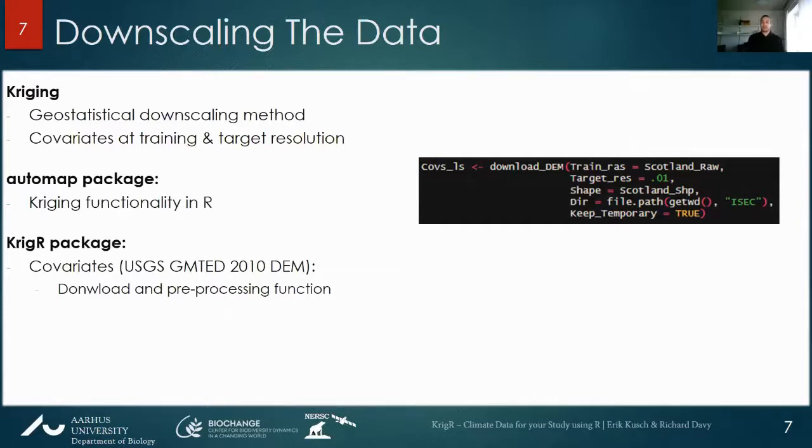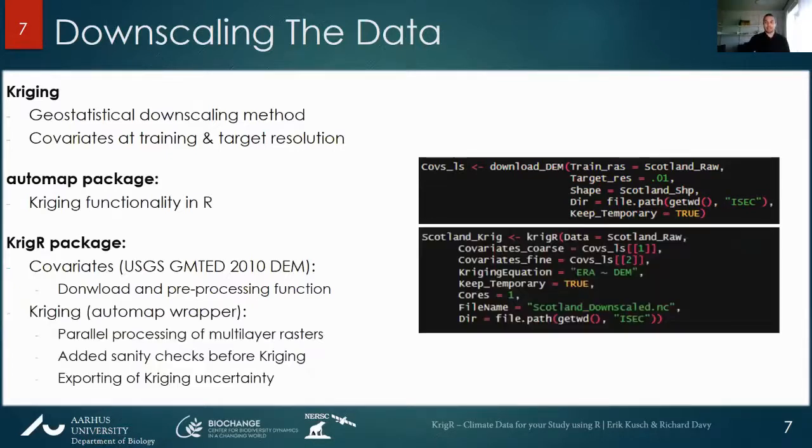This is downloaded and pre-processed to fit your specific needs using the download DEM function, which you can tell which data to match in the train raster, and then which resolution to put out to, or which raster output to match. Again, more on that in the R practical, with a potential limitation by shapefile and a few other bits and bobs here and there, which I'll explain as we get to the actual exercise.